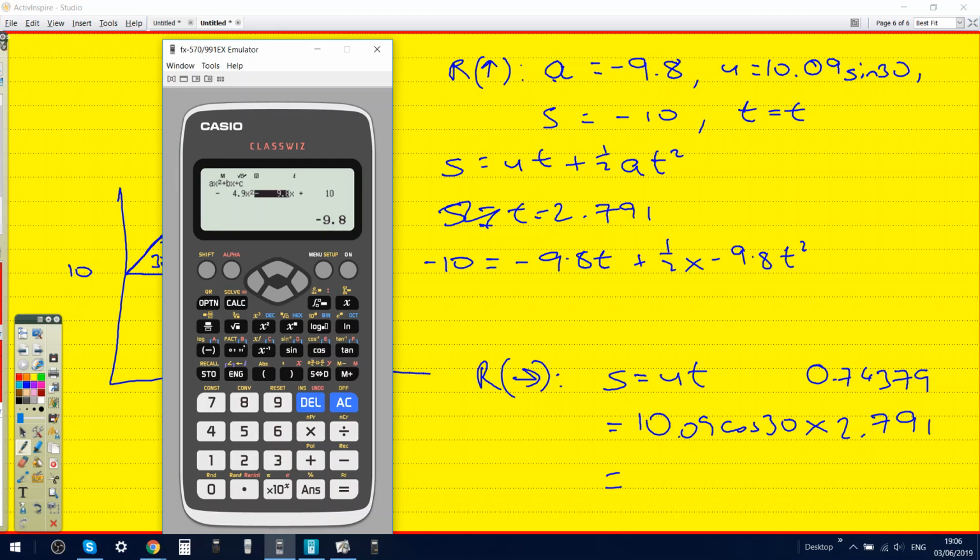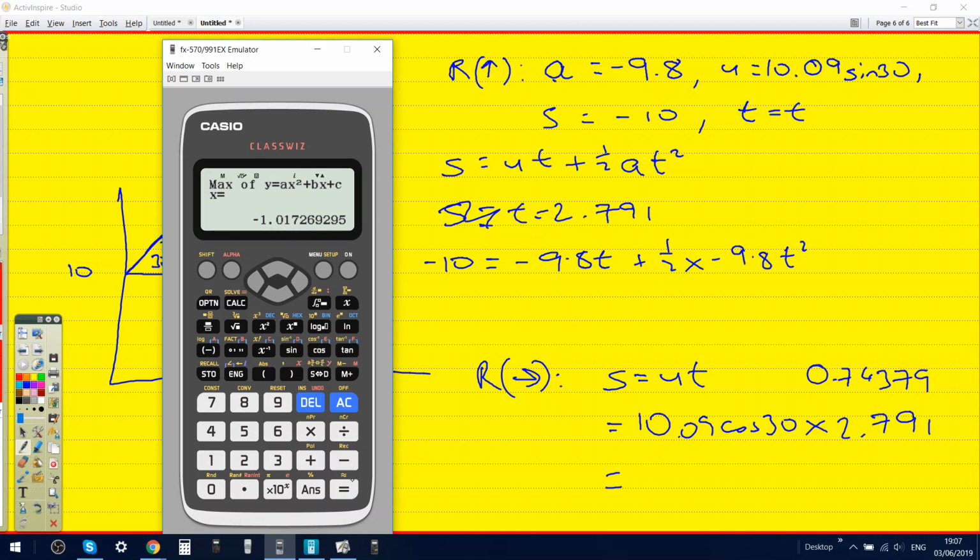So that should be 10.09 sine 30, a half times that.